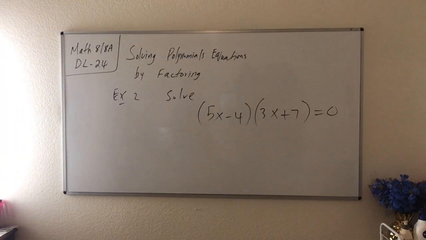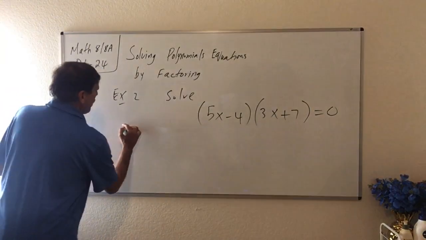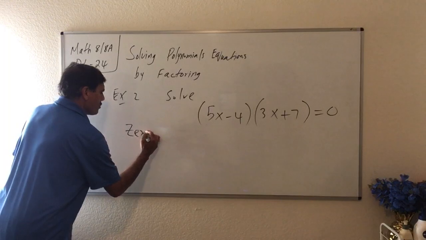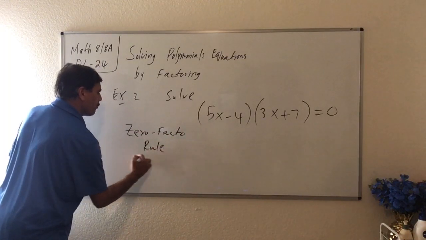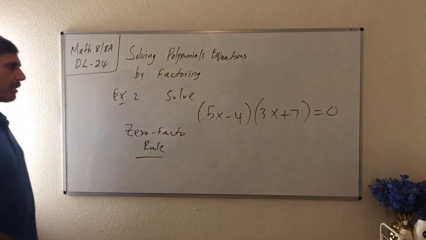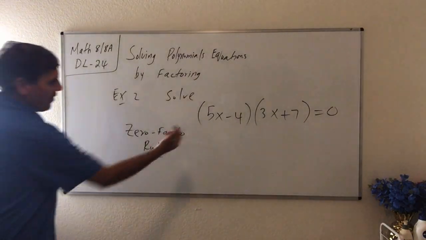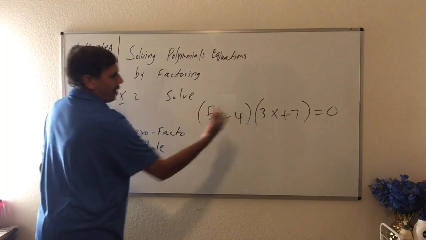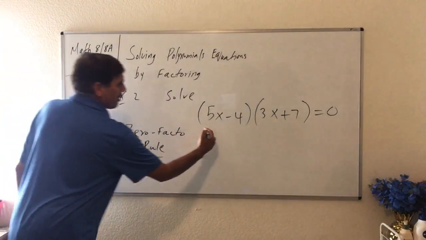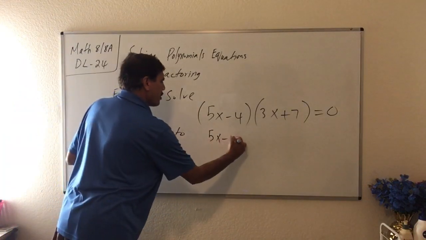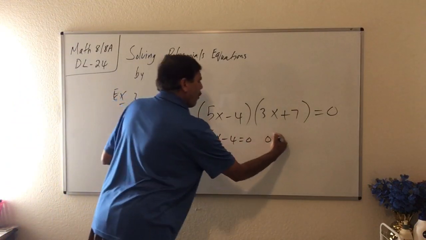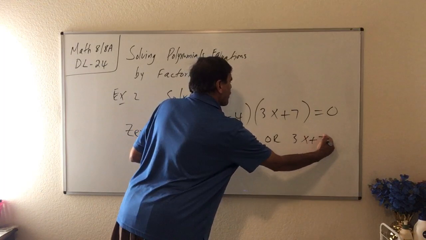The zero factor rule. So I can write again: apply the zero factor rule. Remember this one. It is commonly used all the way to high-level math. The first factor could be in any order. By the zero factor rule, either the first factor equals 0 or the second factor equals 0.